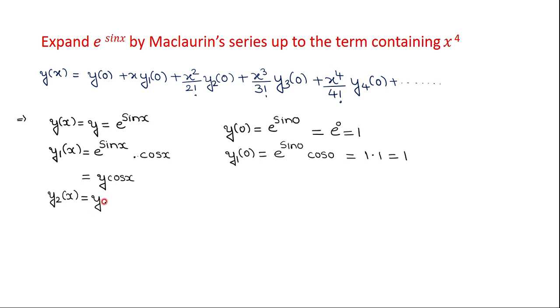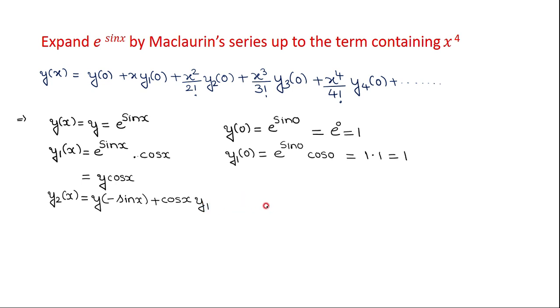Keep this y as it is. The derivative of cos x is minus sin x, so it is minus y sin x plus, keeping cos x as it is, the derivative of y is y1.